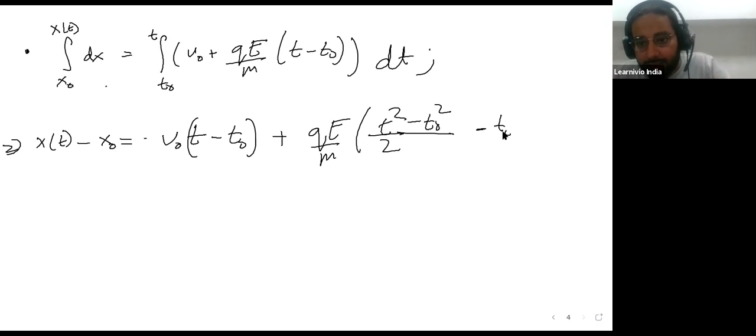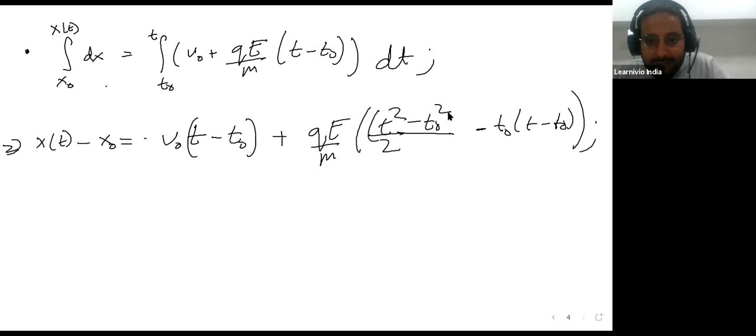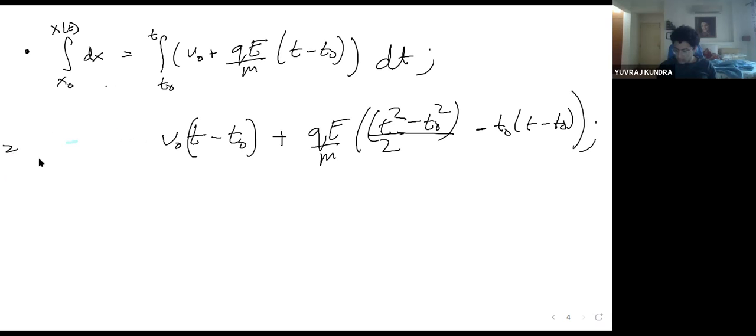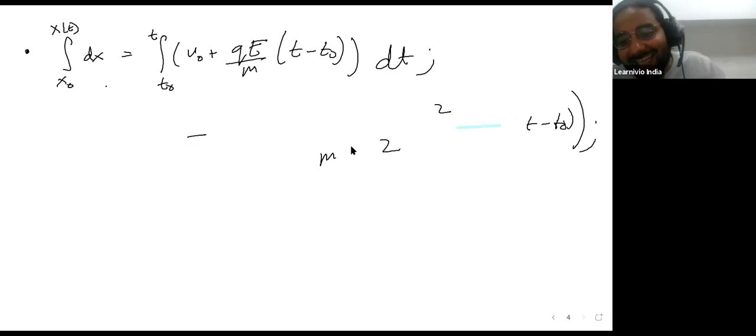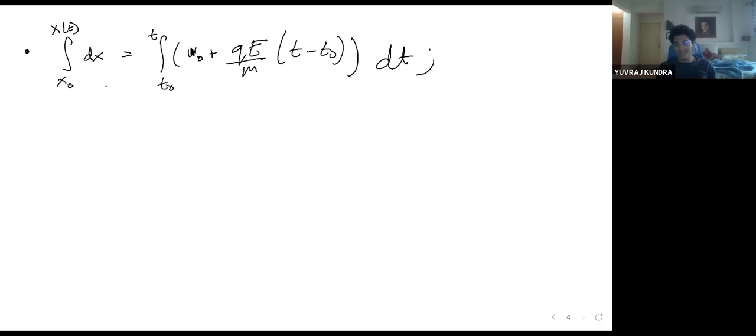Make sense? Wait, I'm skipping too many steps. I'm so sorry. I just realized when I finished writing this, I had literally skipped like 6 steps. I should not do that.